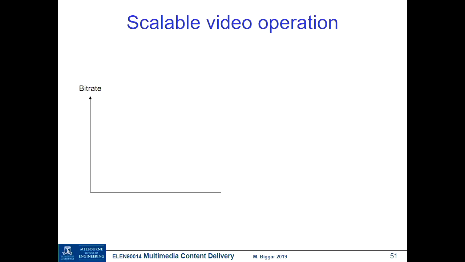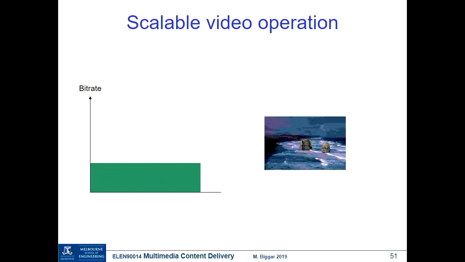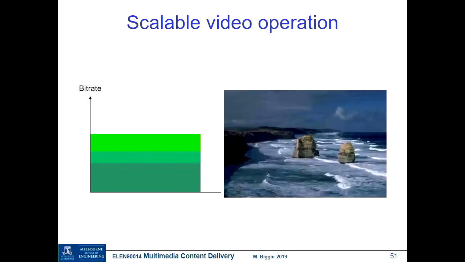Looked at another way, we can have a low quality, low resolution base level video representation, or indeed image, to which we might add some more information to get a higher quality at that low resolution. Or we add more information and we are able to increase the resolution to a higher vertical and horizontal pixel density.